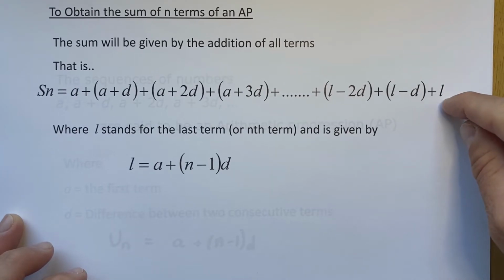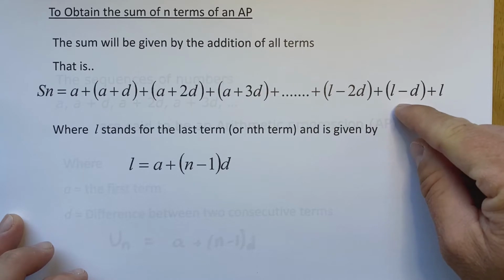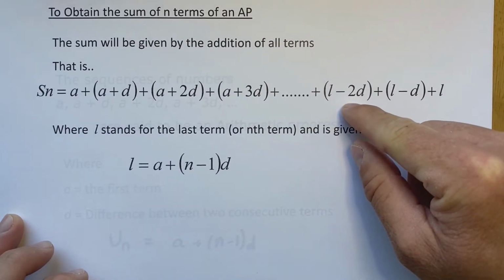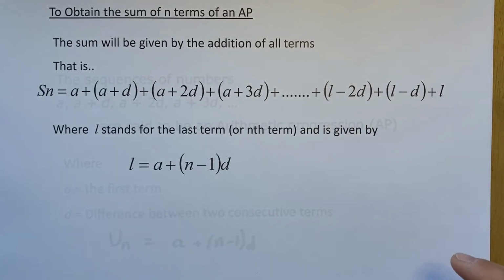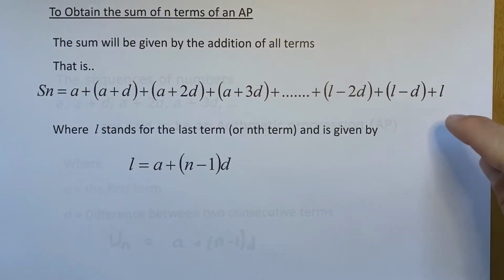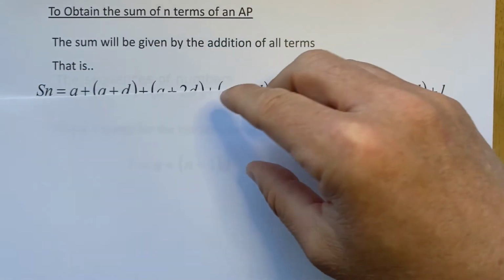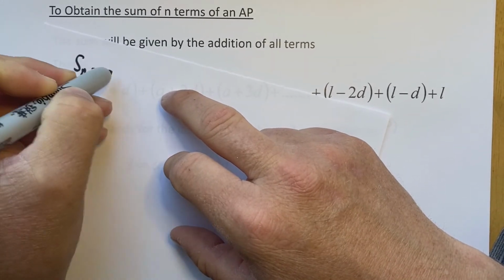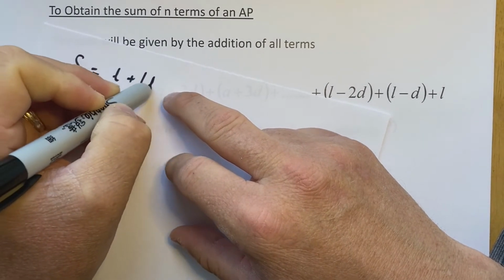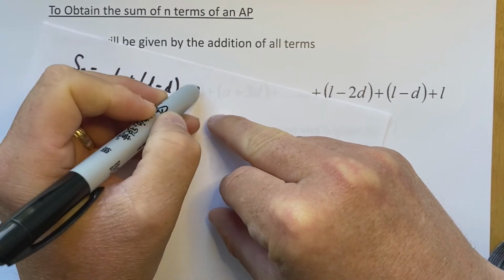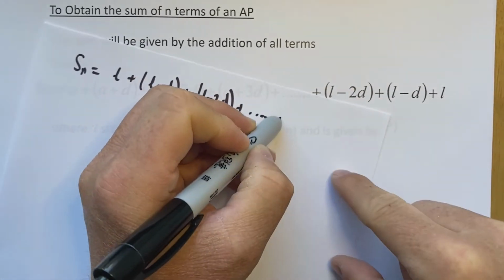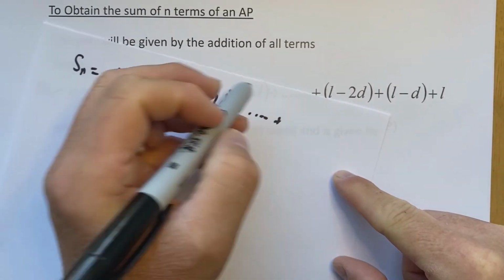The term before the last term will be the last term minus D. The term before that will be another minus D, so L minus 2D, and so on. The reason I write it like that is because when you add numbers together, it doesn't matter if I add that way or that way. So I'm going to write down that the sum could have been L plus L minus D plus L minus 2D plus, and it carries on all the way through to what I have at this other end.